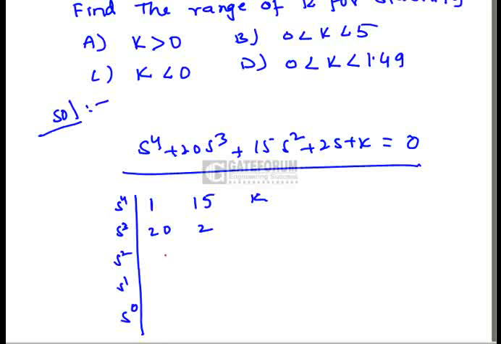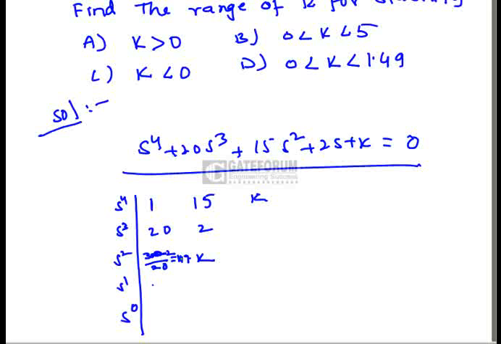Now this will be (20 times 15 minus 2) by 20, because 20 times 15 is 300, so 300 minus 2 by 20, and the next entry will be k. After finding that, we have to find the s power 1 coefficient, and this is 300 minus 2 by 20, which will be 14.9.